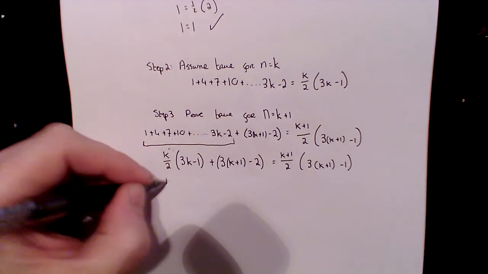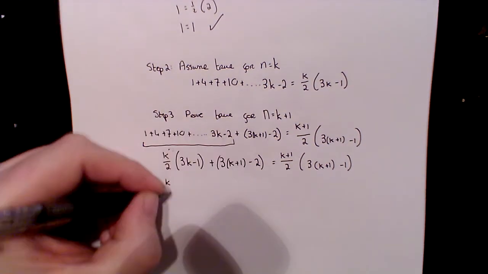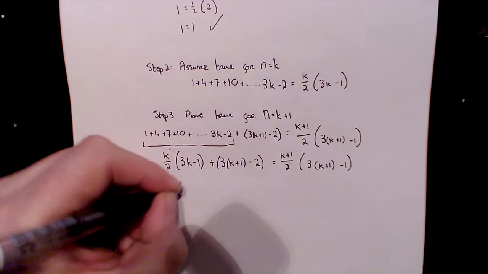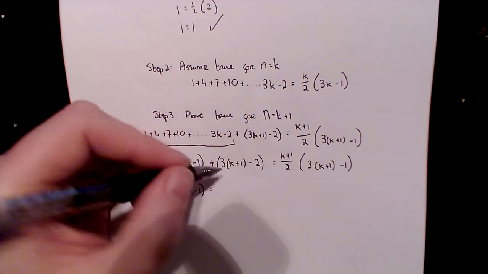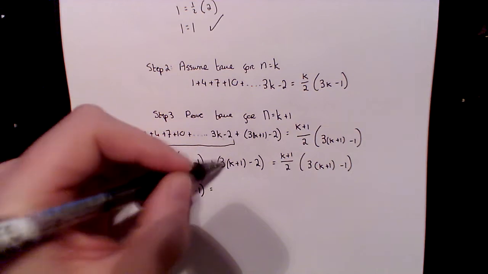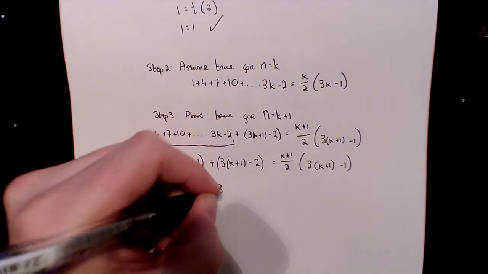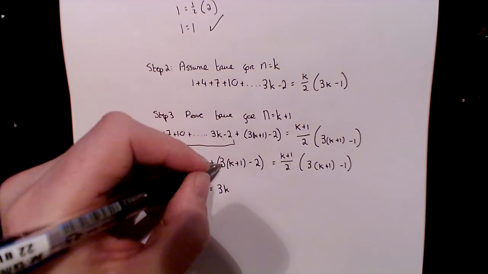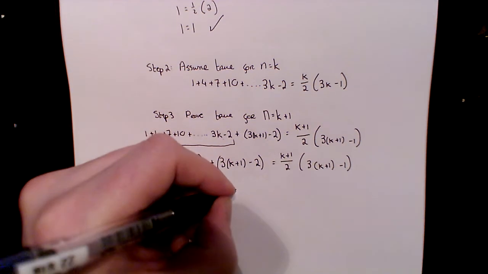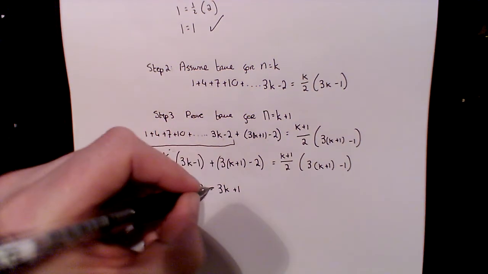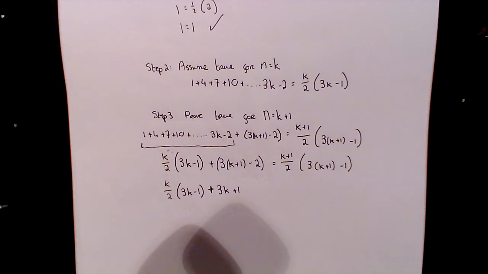Well, the first thing I'm going to do is tidy this up because it's a bit of a mess. 3(k plus 1) minus 2 equals, we have 3 by k and 3 by 1, so it's 3k and 3 by 1 is 3, and then minus 2, which is plus 1, and that's not an equals, that's a plus.